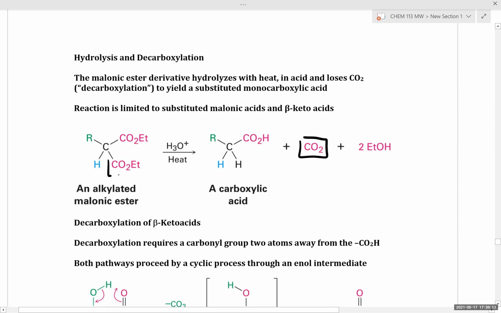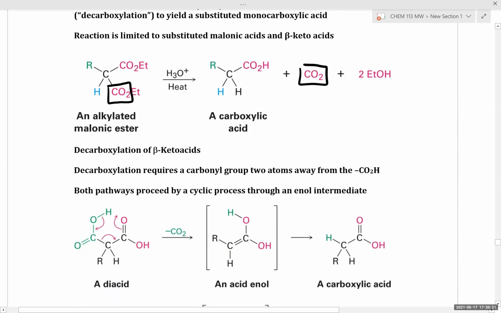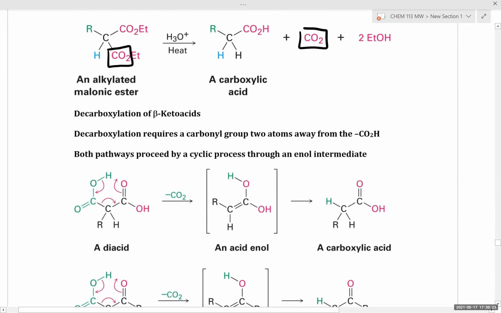The carbon dioxide came from one of our malonic ester substituents. To talk a little bit about this general reaction, which is the decarboxylation of beta ketoacids, the decarboxylation is a concerted reaction that requires a carbonyl group 2 atoms away from your carboxylic acid. So you need to have a beta keto functionality.